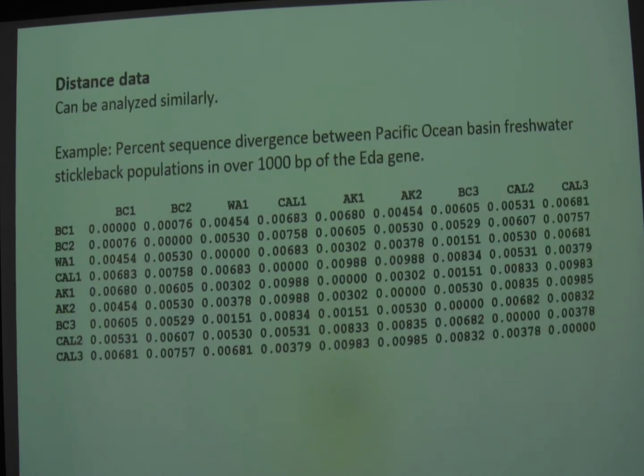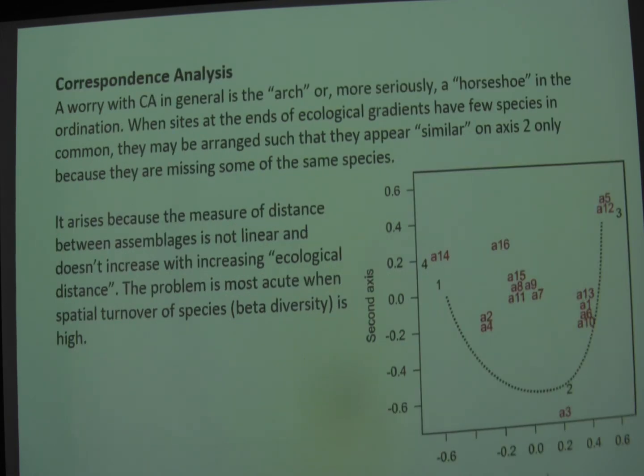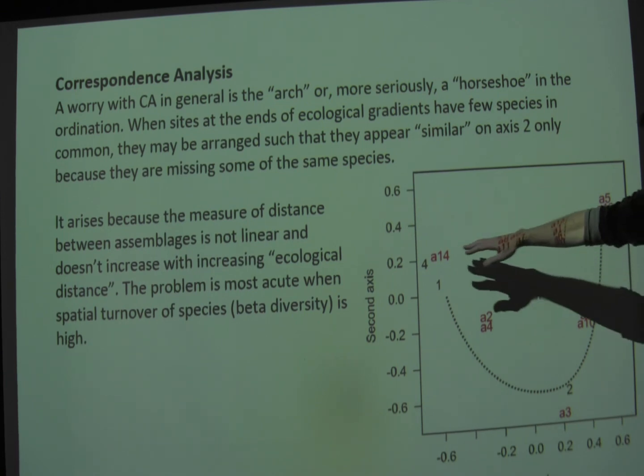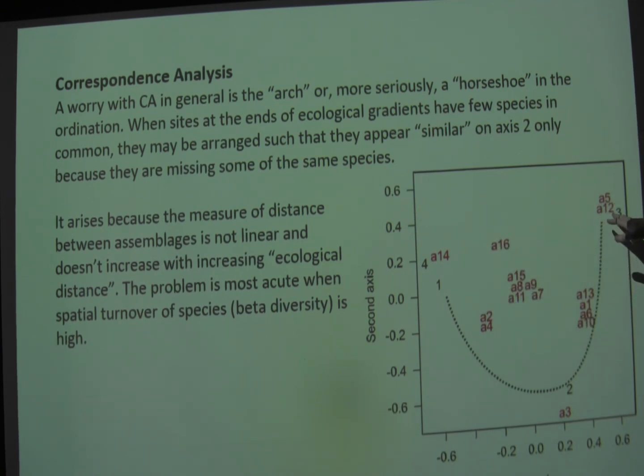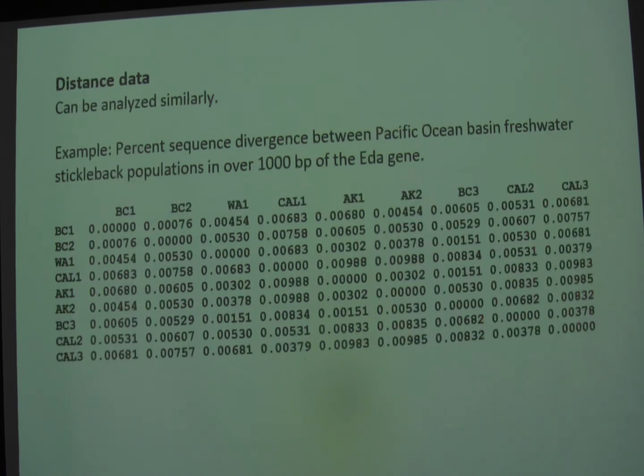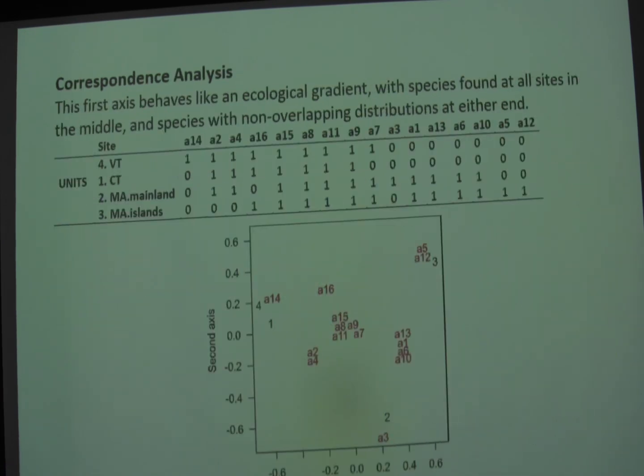You ask, what is shared along the second axis? What is shared between sites 3 and 4? We can go back to the matrix and ask what is shared between sites 3 and 4.